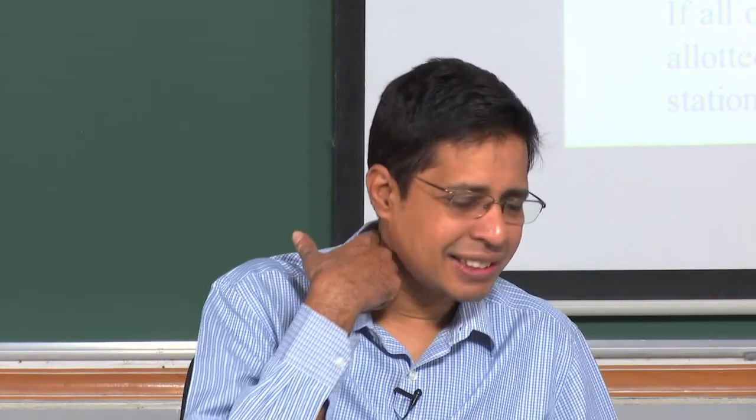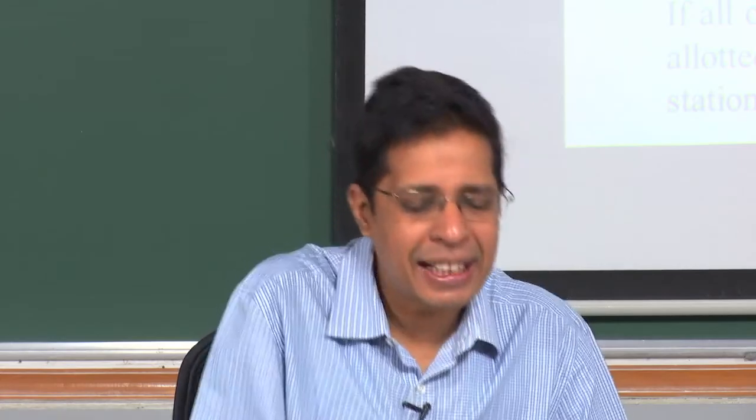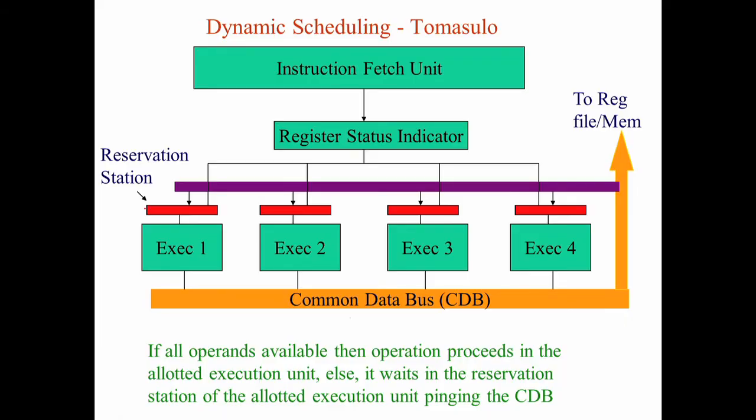So that instruction, it is an add instruction, it can execute on one of these execution units, say 1. So it will come there and wait in this reservation station. It will be waiting for whom? Waiting for that R3. I am going to give a full blown example for this, but please understand what is going to happen here.